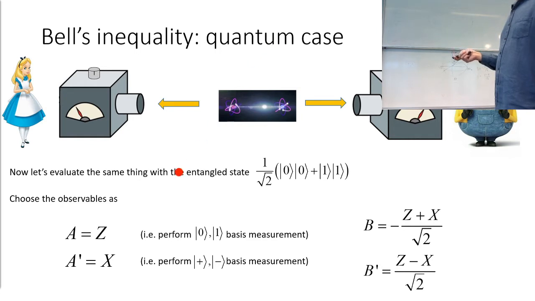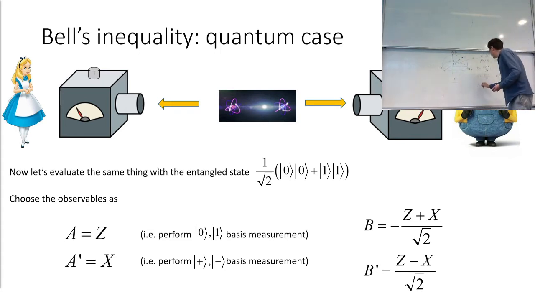Which one, this A? Yeah. So A, when we measure in the 0, 1 basis, is just equal to Z. And this one is equal to that matrix, or if you like, you can write it in matrix form.